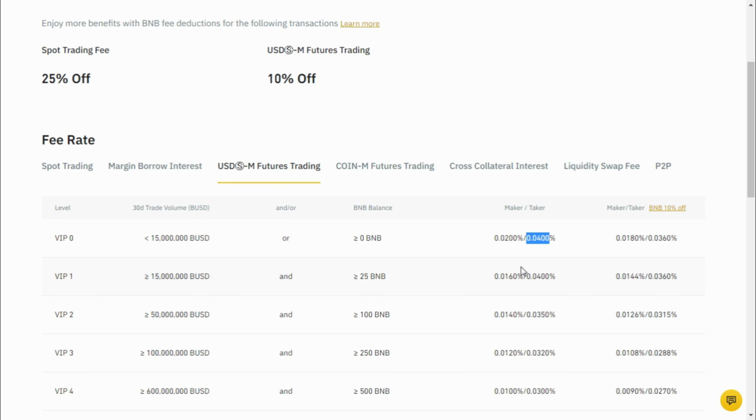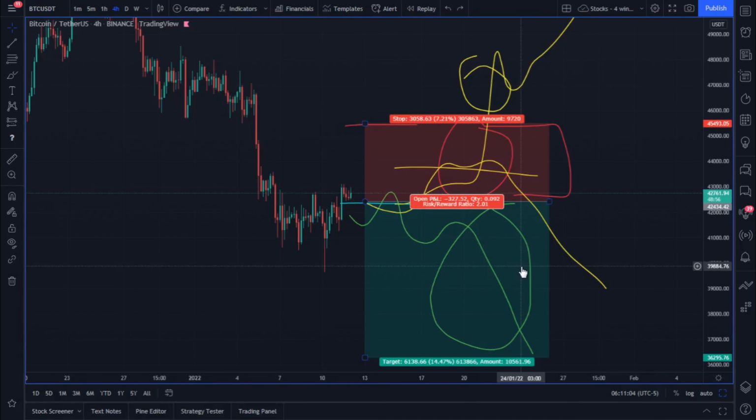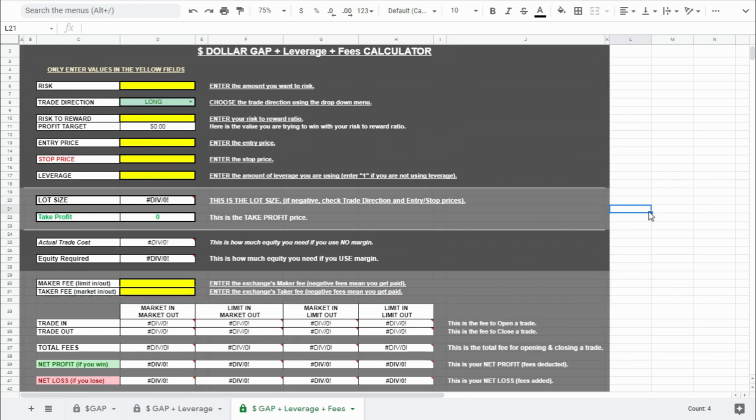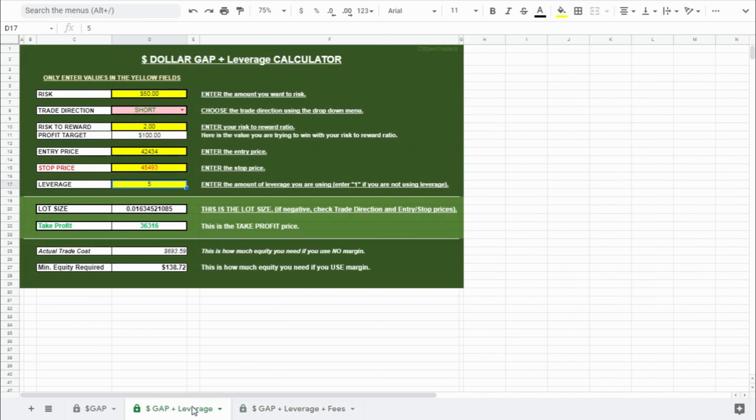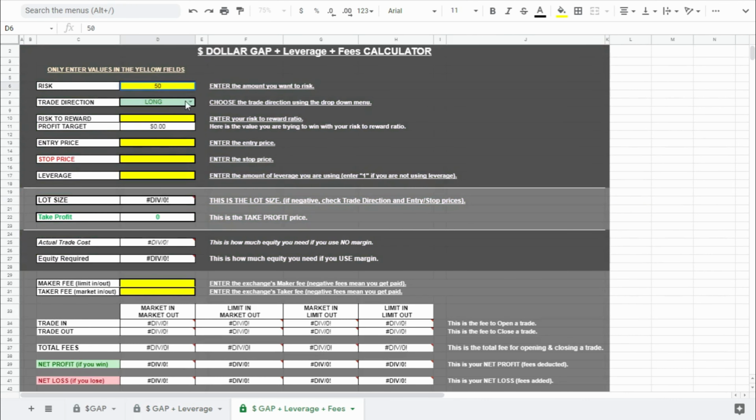So let's go back to our third tab, and let's enter the same information. 50, just so you can see the difference.